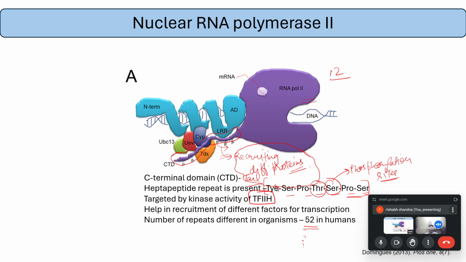So based upon the complexity and the transcription style, these have different numbers of heptapeptide repeats. This is the enzyme that has been extensively studied, and this peculiar feature, the carboxy terminal tail, is a fascinating feature of RNA polymerase 2.